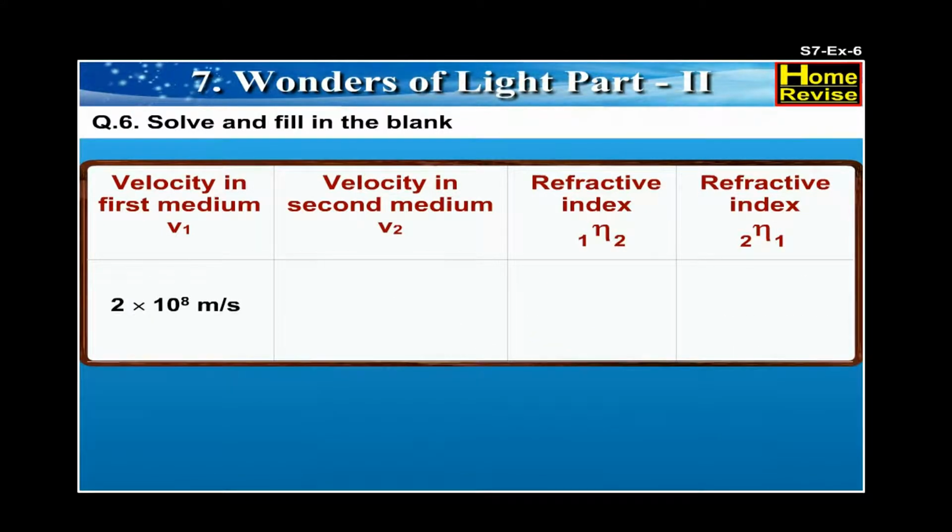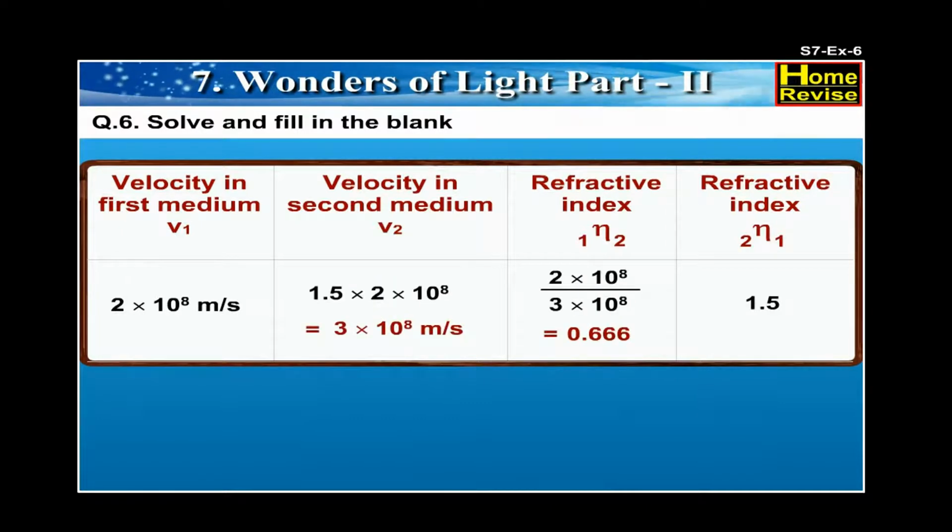Third, when V1 is 2 into 10 raised to 8 meters per second, what is V2 and refractive index of 2 with respect to 1 when refractive index of 1 is 1.5? Answer.